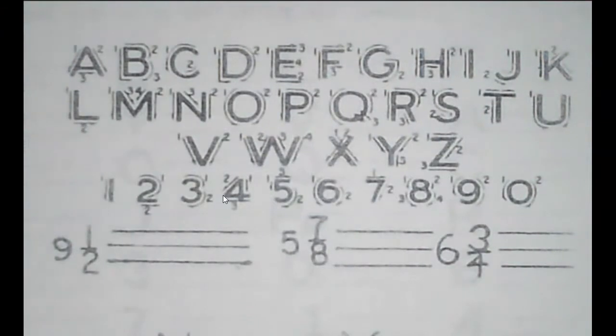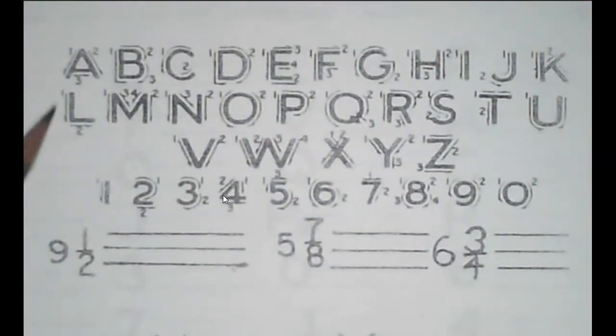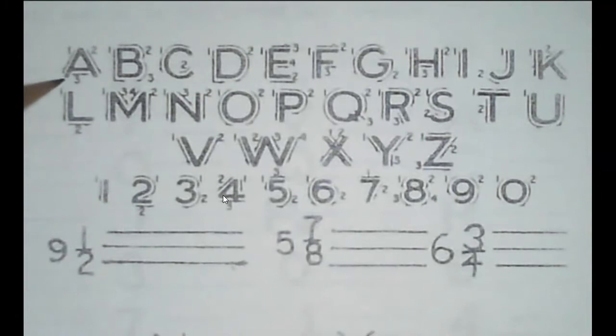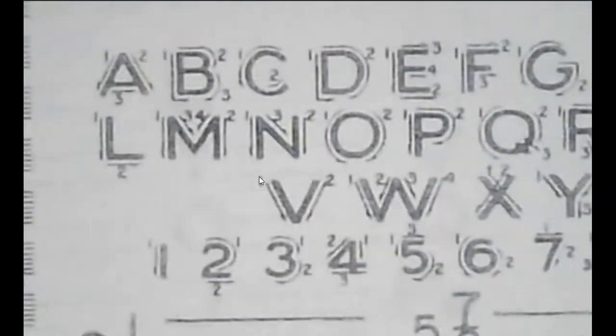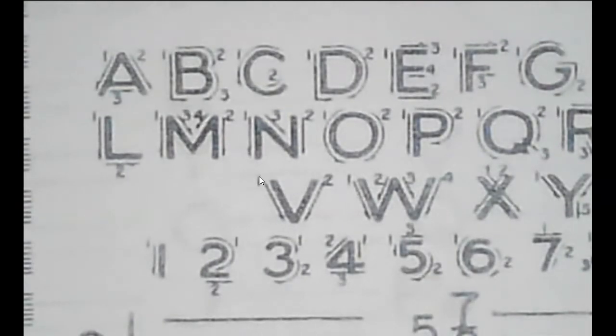So for A, it actually is a three-step process. And if you look really close, you can see that that arrow is pointing down. This is down, and then you go across. So it would look something like this.